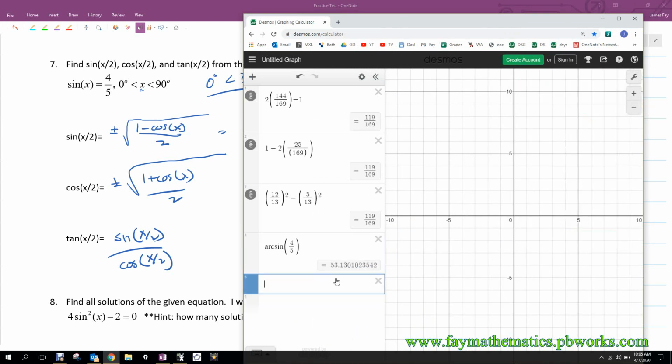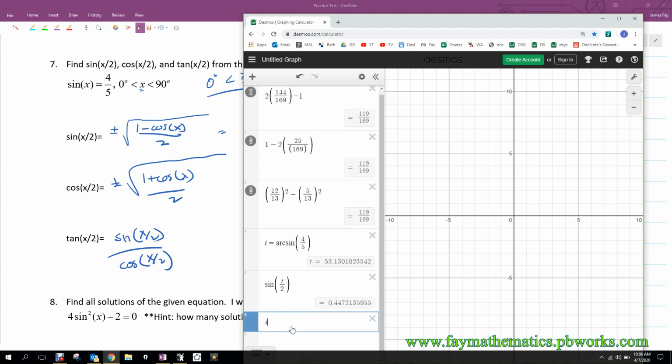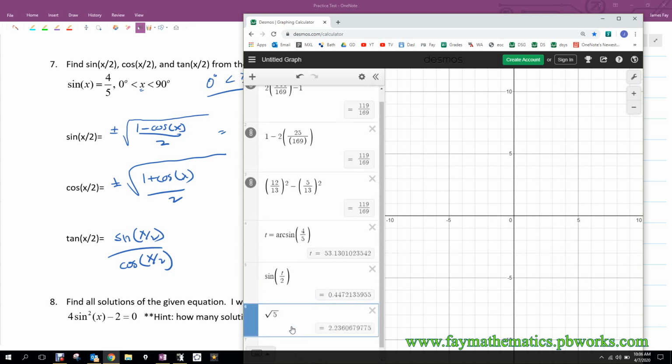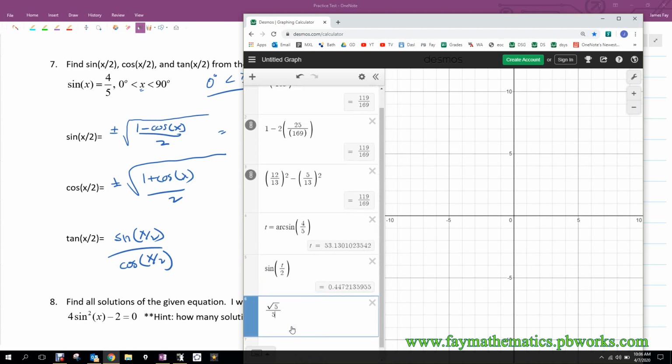So when I call that t, then the sine of t over 2 is going to be that number right there. Let's see if that's the same as square root of 5 divided by 5. It is.